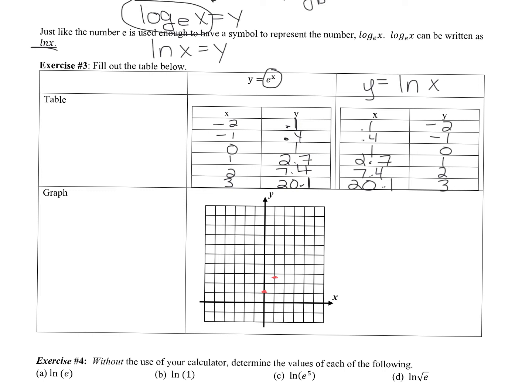Basically the base is just larger here, so e to the x will increase more quickly for the values that are greater than 0. So here is the graph, just a little steeper.